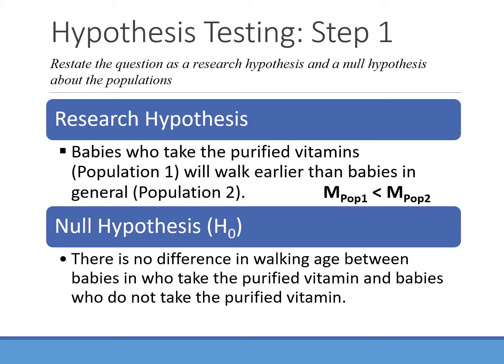I've abbreviated this so that the mean age for starting to walk for population 1 will be less than the mean age for population 2 for babies who start to walk, okay? I've just abbreviated this into a kind of mathematical formula.